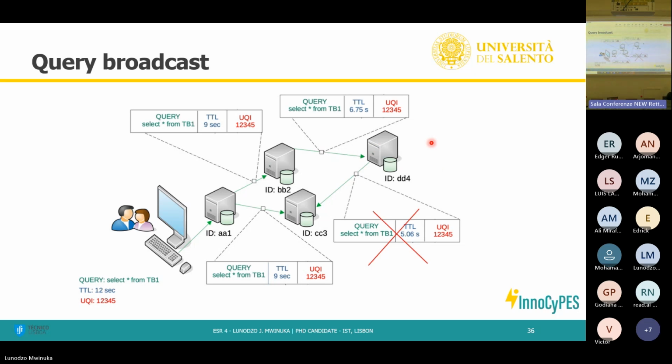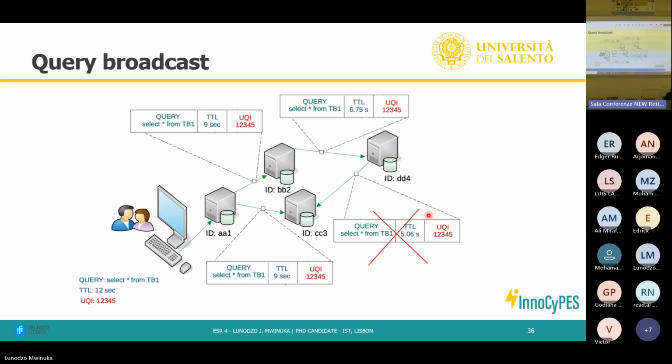One of the peers in its routing table is peer CC3. Now CC3 has to check, do I have this query already in my peer? Have I run it? This is the importance of having query states. We need to know if it has already run or not. In this case, you can see that the same query is submitted to CC3, but the same query was already submitted to CC3 with the same UQI value. In this case, we have to discard the second query.